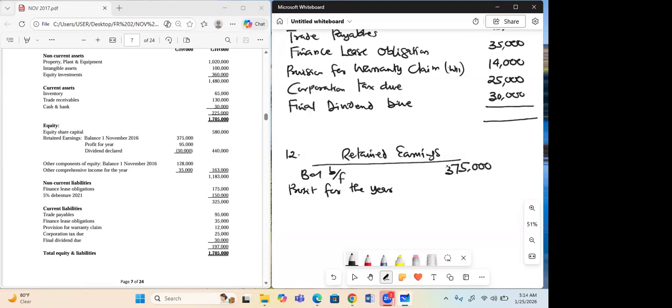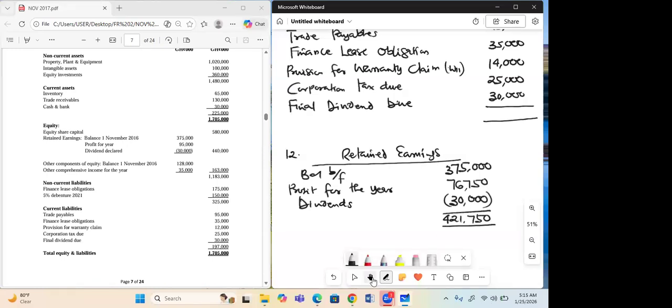Then there was the dividend paid. The dividend was what? 30,000. So what will be the balance on that account? 421,750.